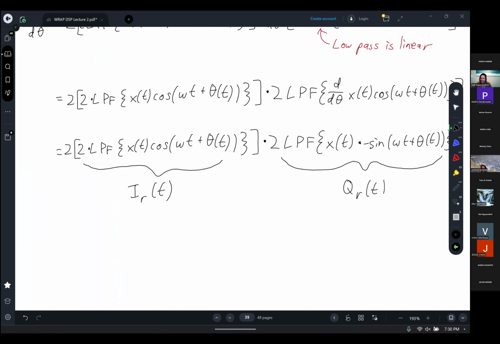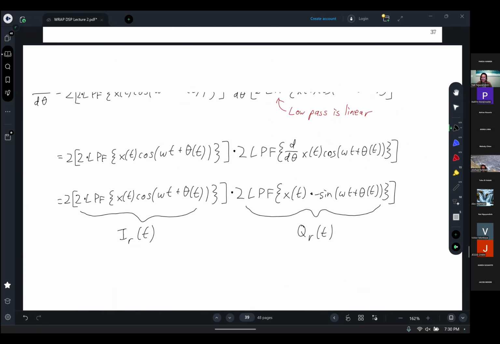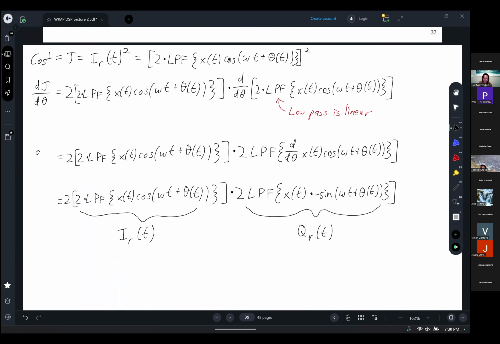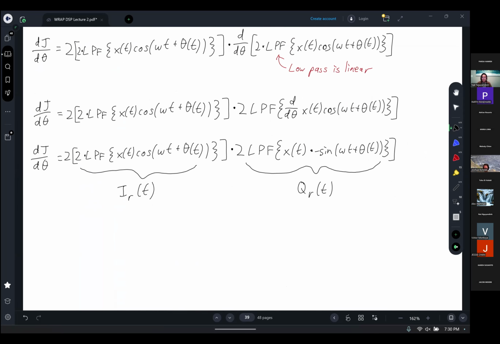So suddenly this daunting equation became a lot more familiar to us. And then this is actually going to be the error term that we update our guess for theta by.